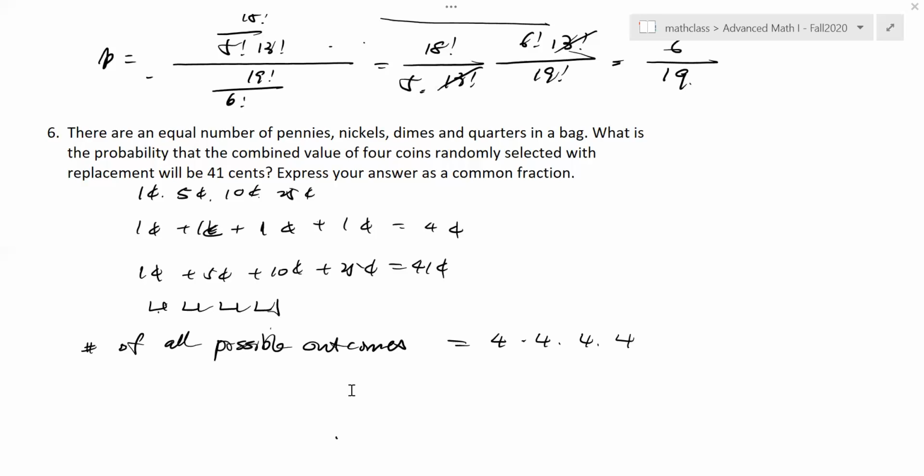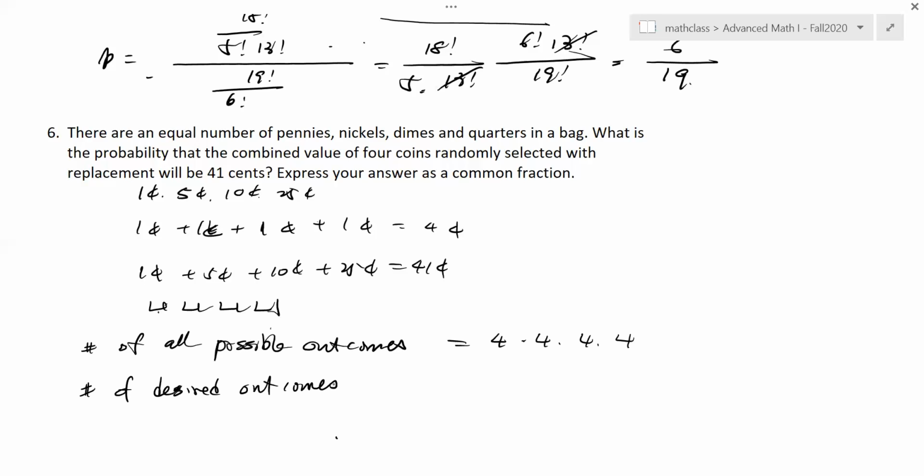Oh, Nansen. Now give me the answer. Pretty close. Good answer. So now I'm going to figure out the number of desired outcomes. The only way you can get 41 cents is the sum of 1 plus 5 plus 10 plus 25.